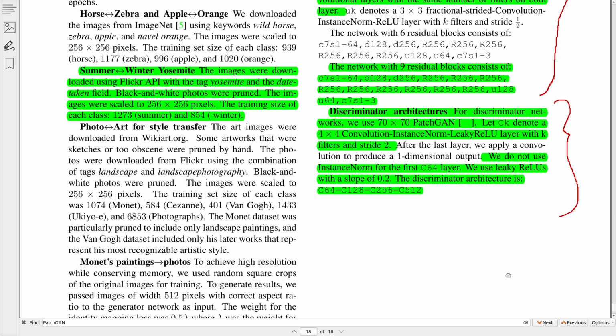We use leaky ReLUs with slope of 0.2, and then the discriminator architecture is just this, a 70 by 70 PatchGAN with 64 filters of 4 by 4 convolution, instance norm and leaky ReLU. Then I have C128, that is 128 filters, then 256 filters, and finally 512 filters. And they're also saying clearly that for the C64 layer we do not use instance norm.